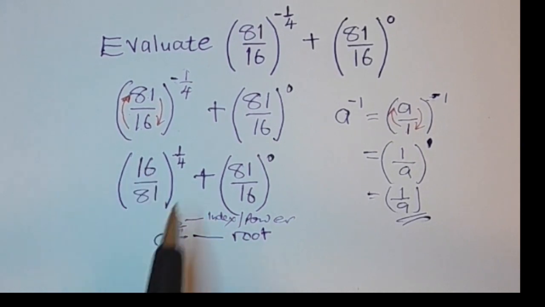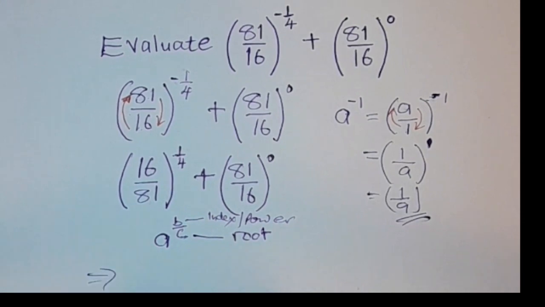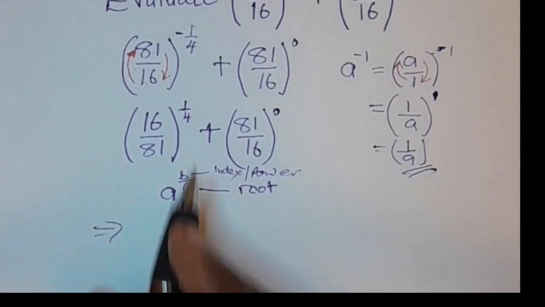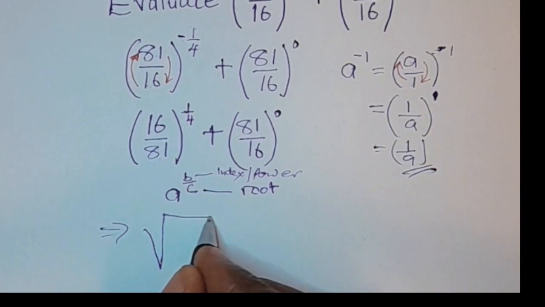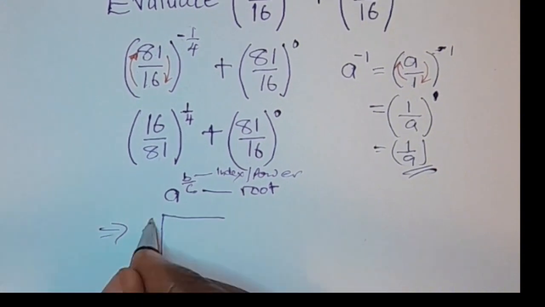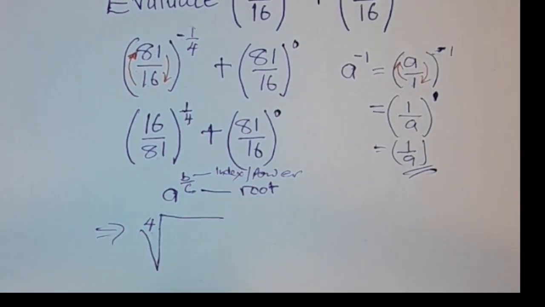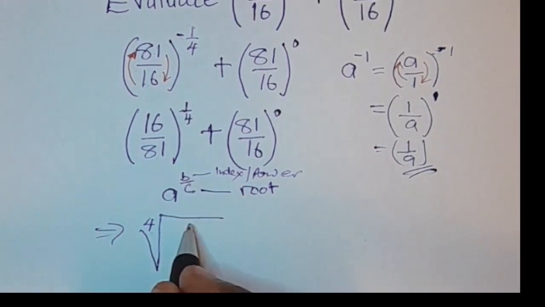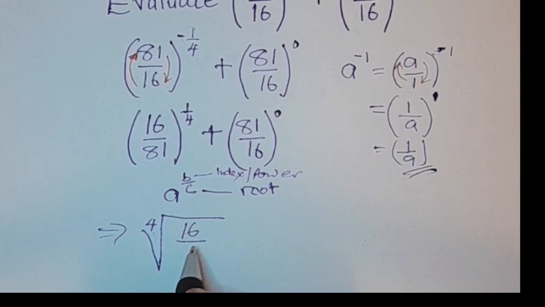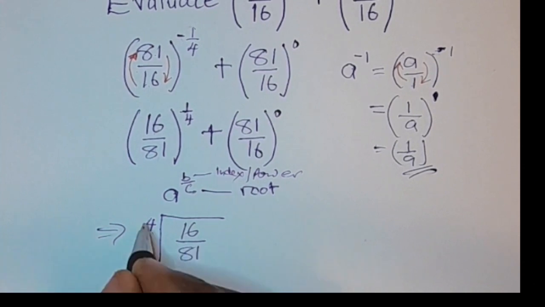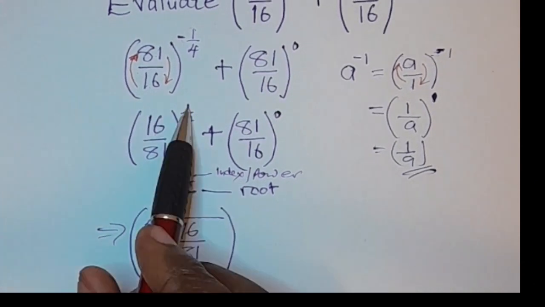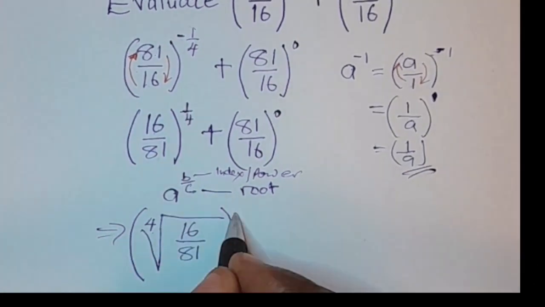So this can be written as the fourth root of 16 over 81, then everything raised to the power of the numerator, which is 1.